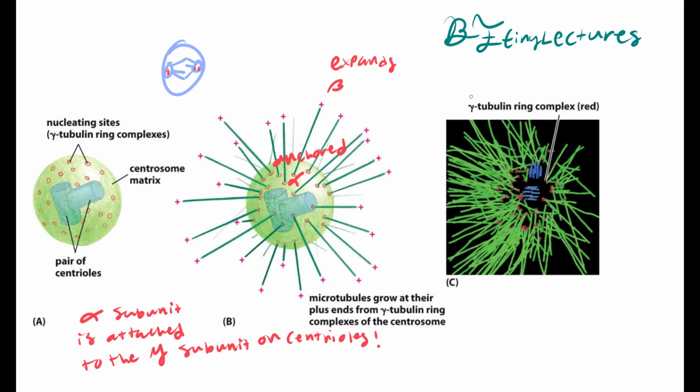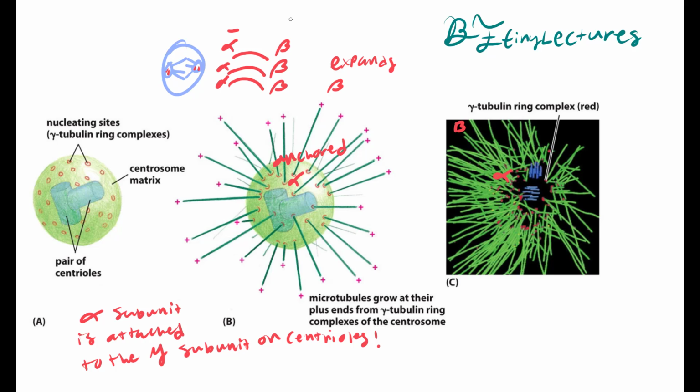Okay. So here we have the gamma tubulin ring complex, and that's in red. Notice that in red, they're basically attached to the centrosome. And here we have the beta component, and here inside we have the alpha component. And so the main thing that you have to remember is that whenever we expand, whenever we are shooting out these microtubules right here, this will always be the beta end, and attached will have to be the alpha end.